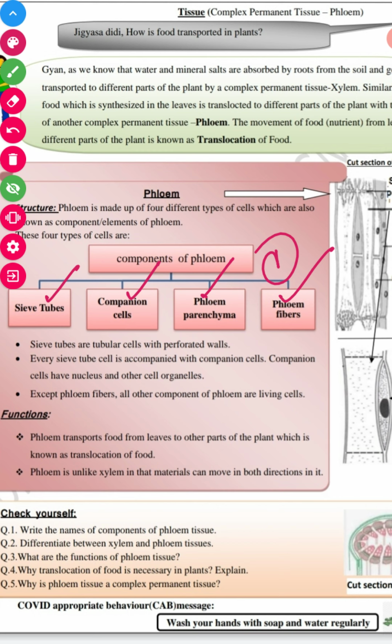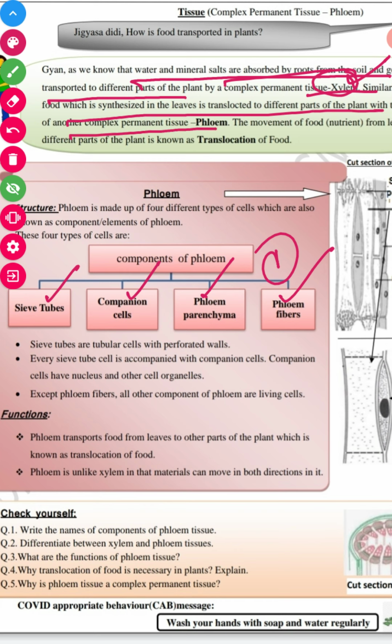So children, the first difference you can write: the xylem tissue carries the water and the mineral salt absorbed from the root and transported to the leaf, whereas the food prepared in the leaves is translocated to all parts of the plant by the tissue phloem.